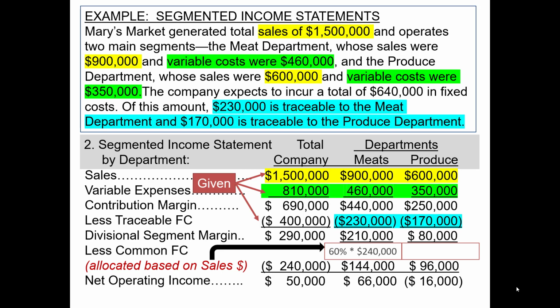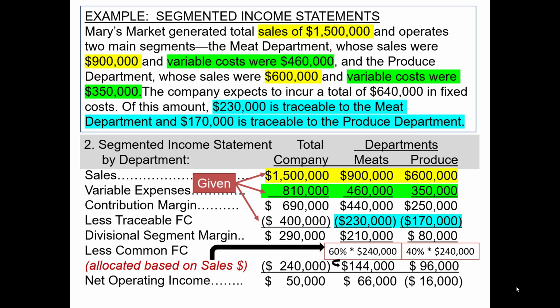So that means that 60% of 240,000 will be allocated to the meat department. Likewise, 40% will be allocated to the produce department because $600,000 divided by $1.5 million says that produce comprises 40% of sales.